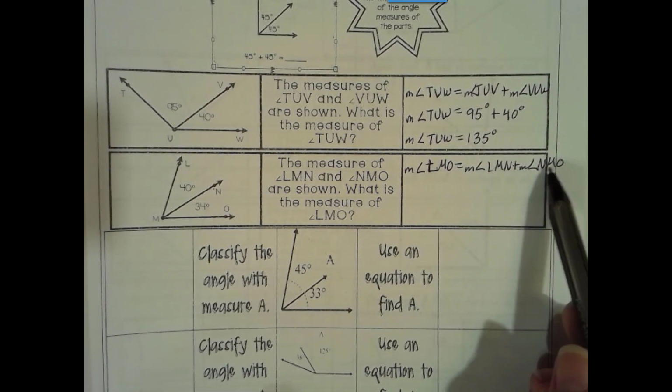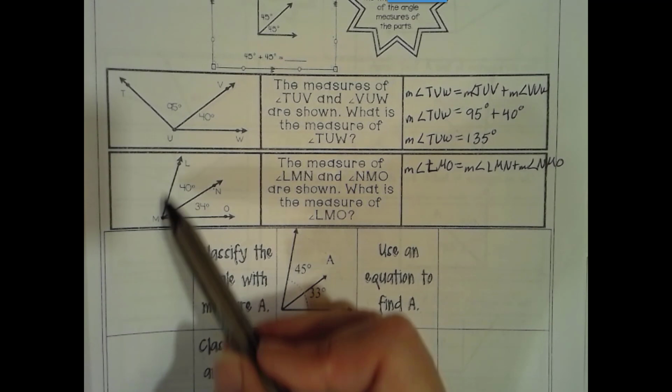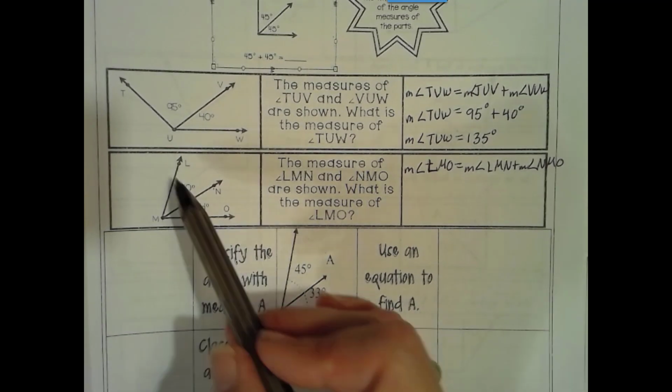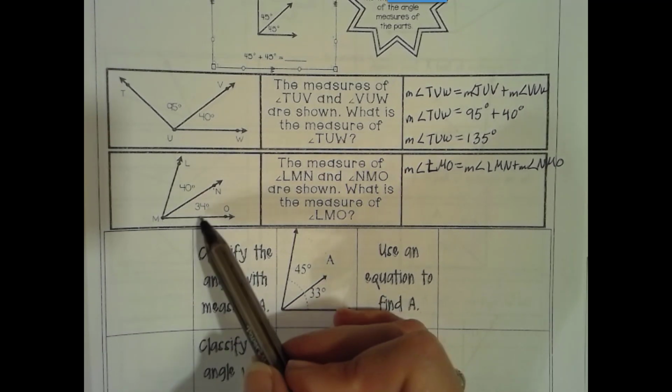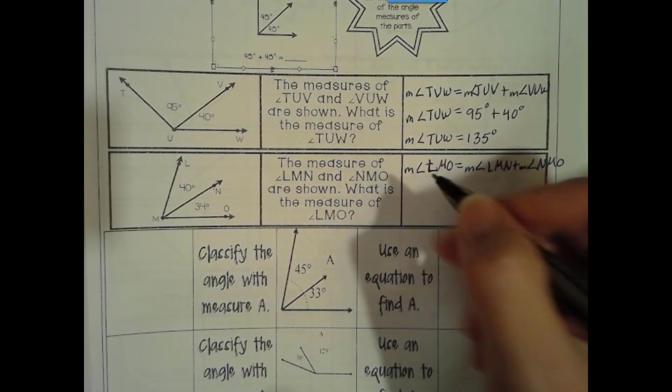So this large angle is equal to the two smaller angles added together. When we compose them, when we put them together, it makes the larger one.